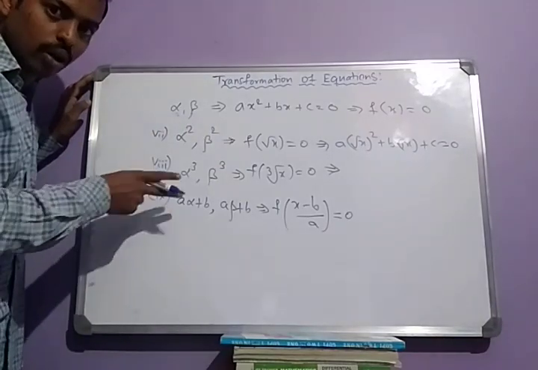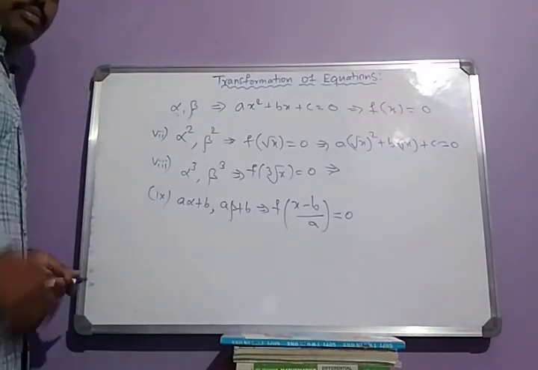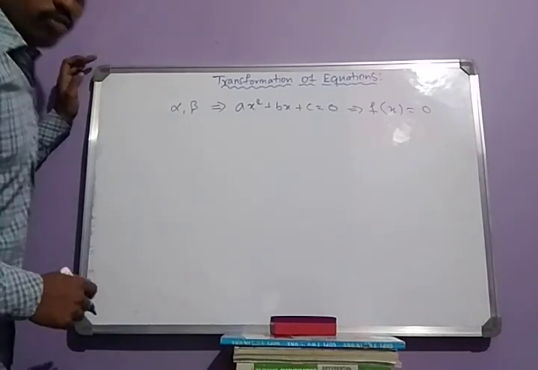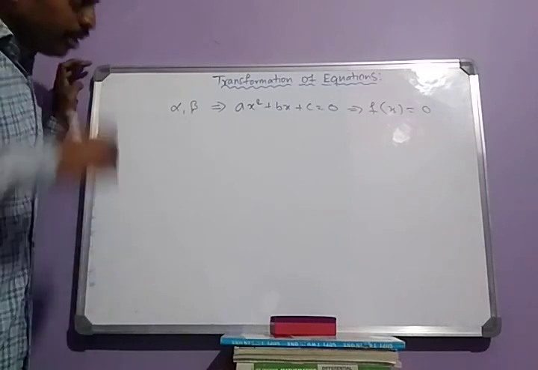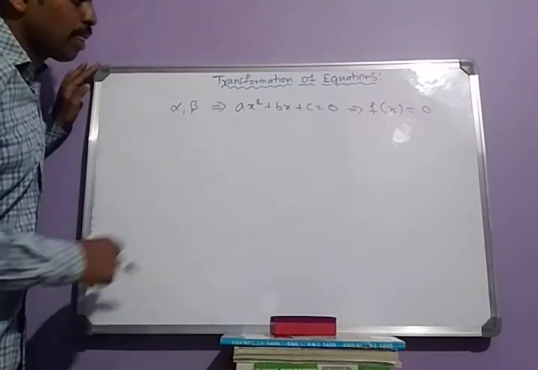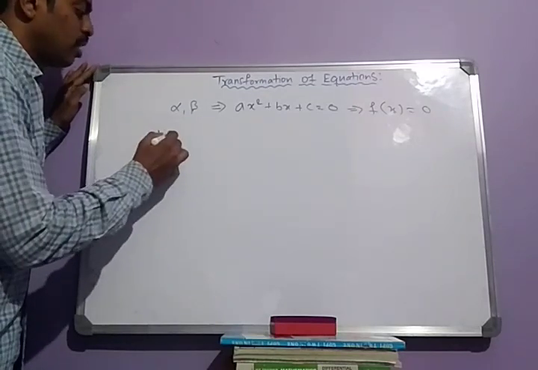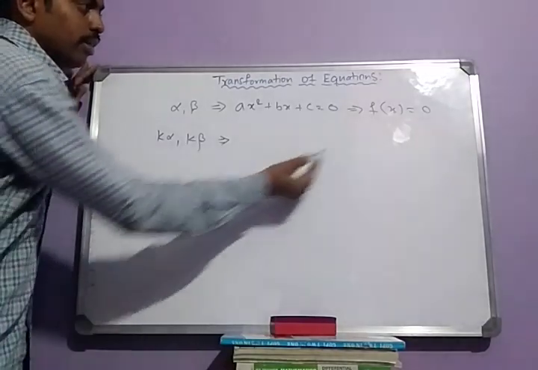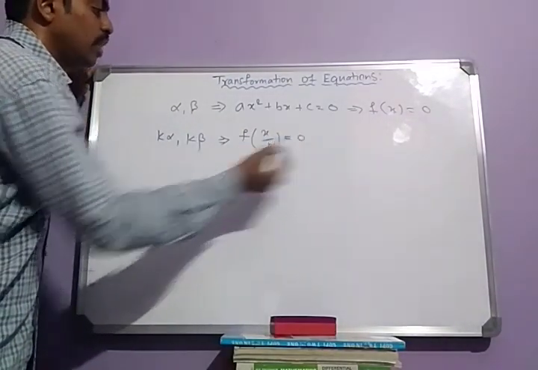If you understand 2 or 3 proofs, you can easily derive the proof for everything else. Let me prove that if both the roots alpha and beta are multiplied by constant k, the equation is transformed as f of x by k is equal to 0. Let us see its proof.